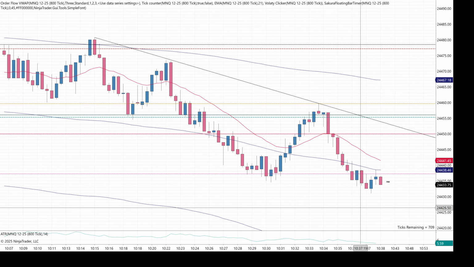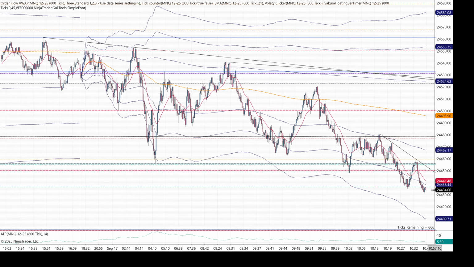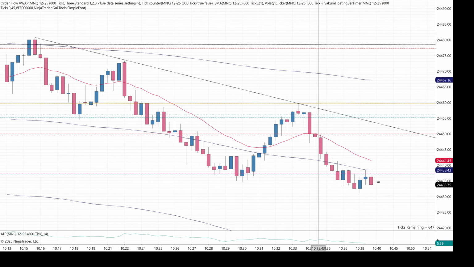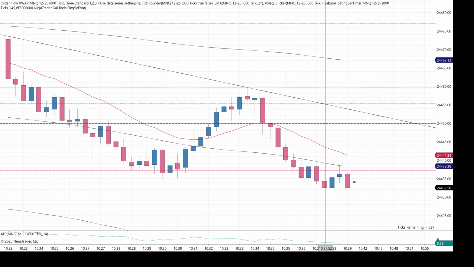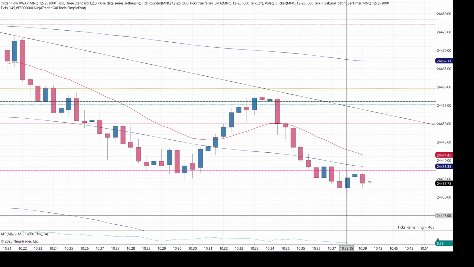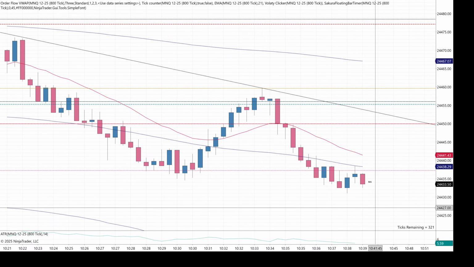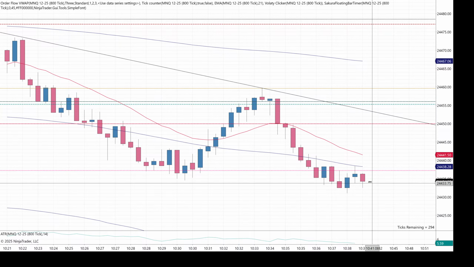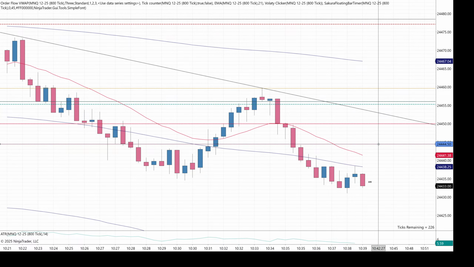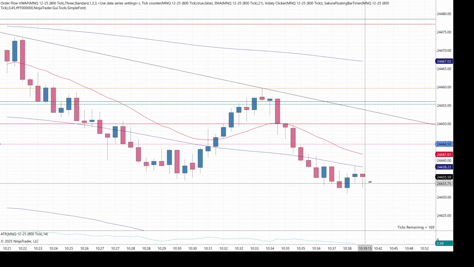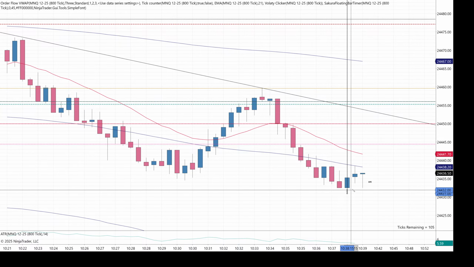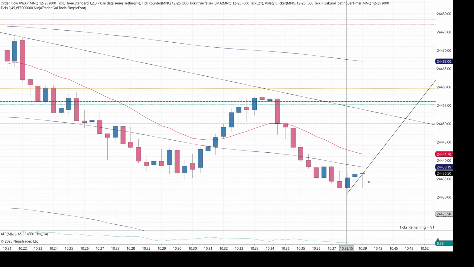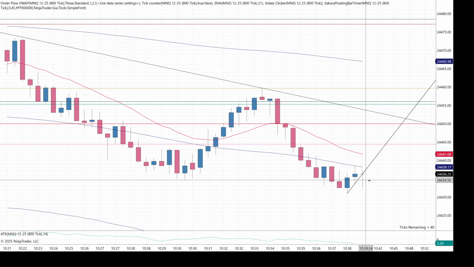Okay, so the runner's been taken out. We have like nothing below us. I might be inclined to take this candle bearish here. Depends on how this candle looks. Not anymore. Not if it looks like that.